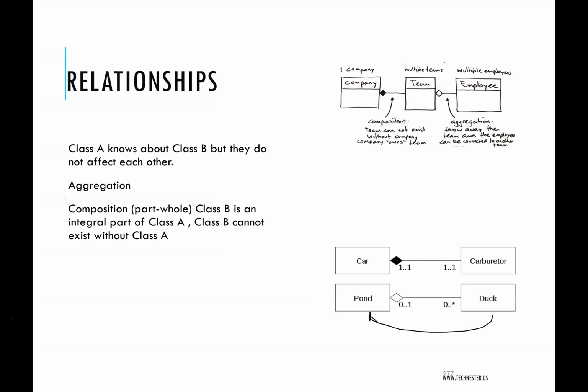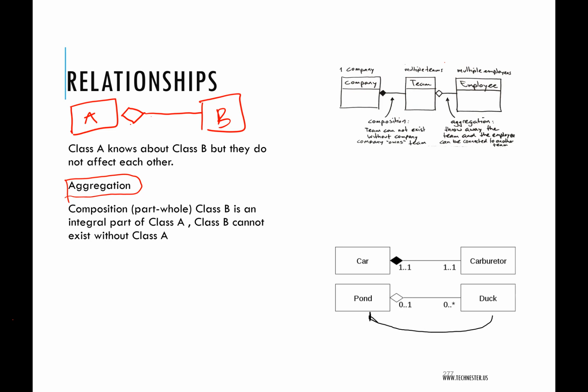What aggregation denotes is that if you have an aggregation relationship between a class A and a class B, aggregation will be a diamond symbol and then a line, an unfilled diamond symbol, so this place is empty, white.